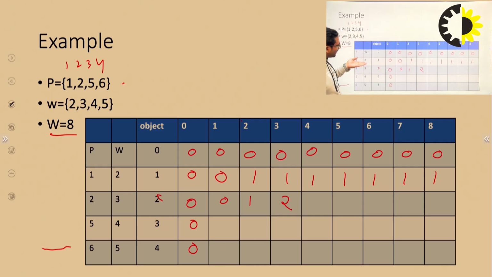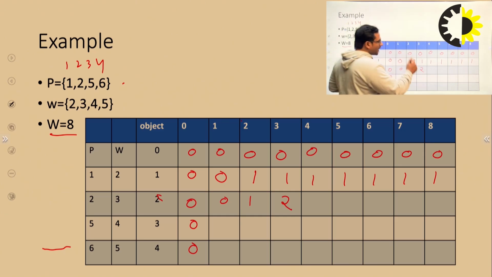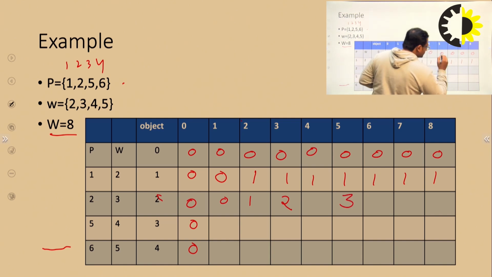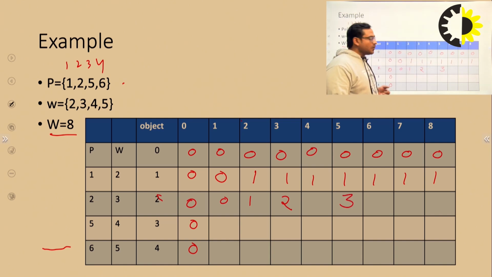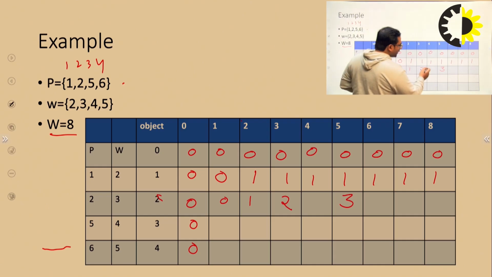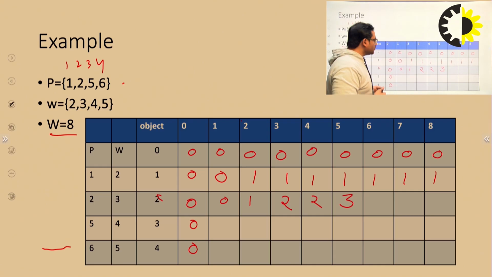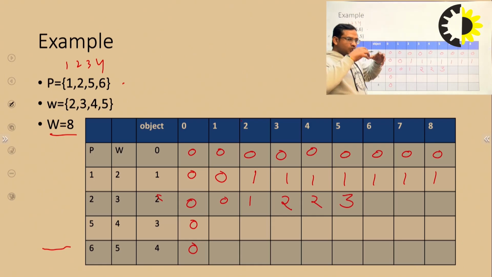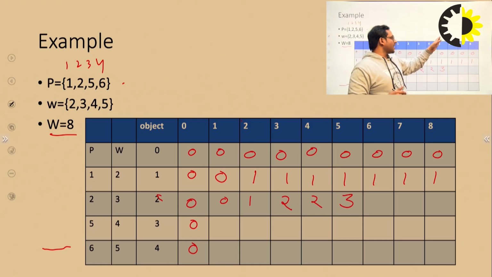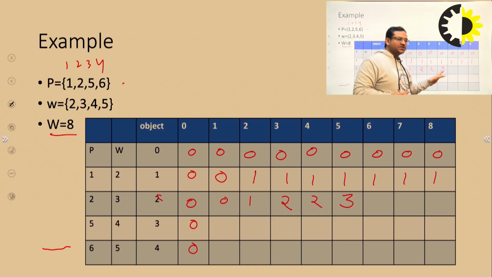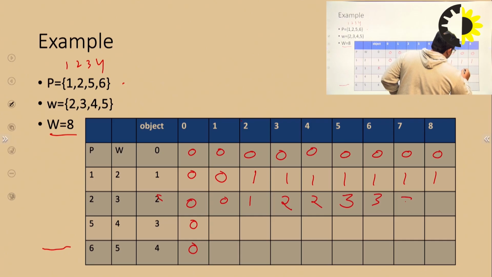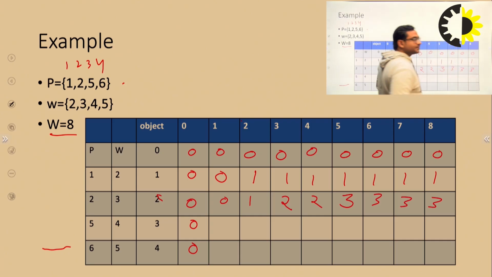When you collect these 2 items into the bag, the weight becomes 5 and the profit is going to be 3. So we write 3 here. The previous value you can bring over, like 2. And the other values are repeated, because when the 2 items are in the bag, the capacity filled is 5 and the profit is 3. So the other values are the same: 3, 3, 3.